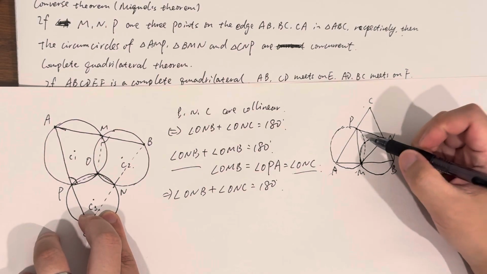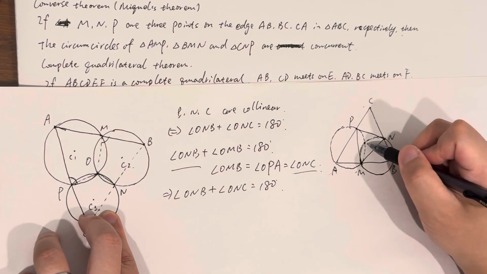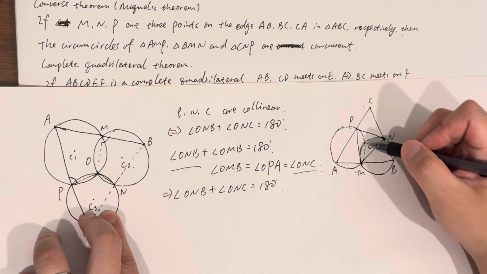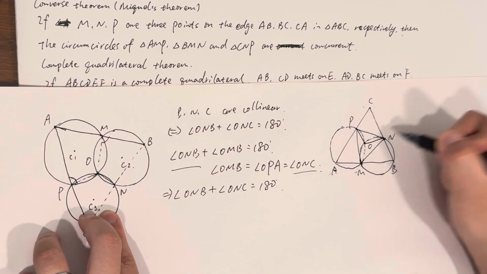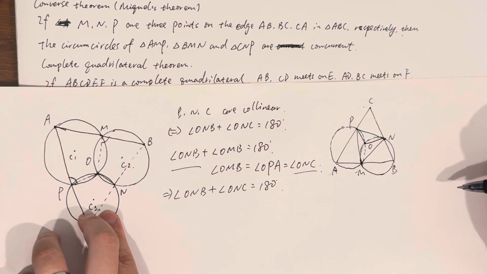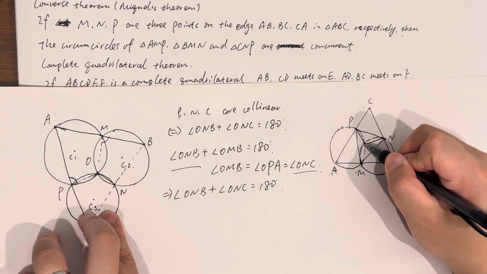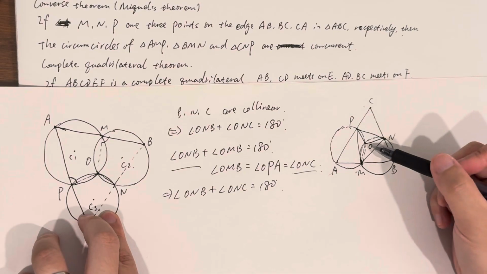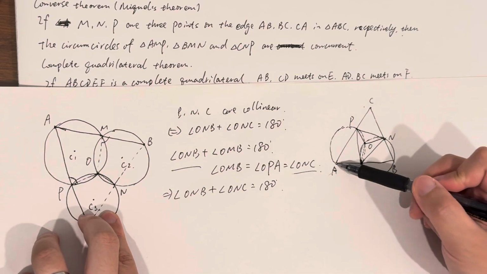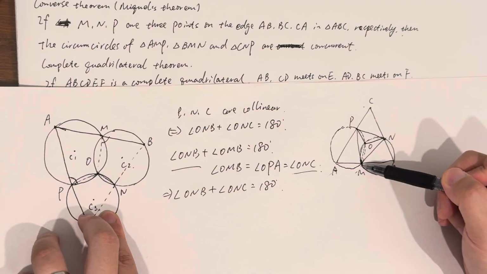Which means we just need to prove that this point, let's call it O here, makes OPNC a cyclic quadrilateral, right? And we can simply connect OM here, because we already know that OPAM is a cyclic quadrilateral.